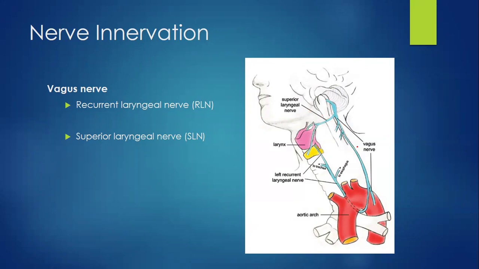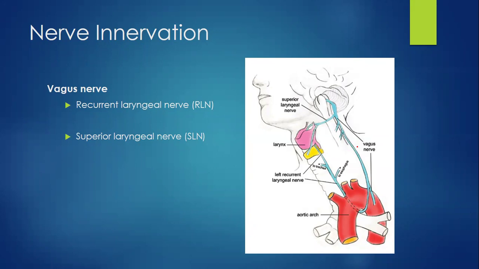So the left recurrent laryngeal nerve, as you can see in the picture, it courses under the aorta. And so what that means is that any surgery in the vicinity of the heart, the aorta area, there's a likelihood that the vagus nerve could be impacted. And so after the surgery, regardless of the outcome of the surgery, the individual could have voice problems after surgery because the vagus nerve was impacted. That's very important also.